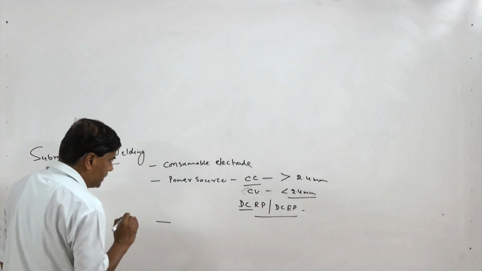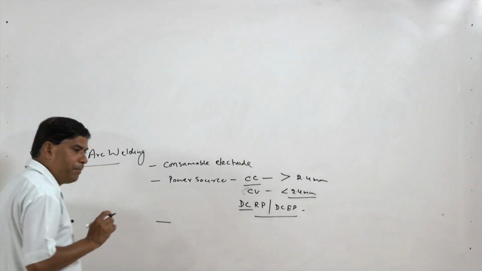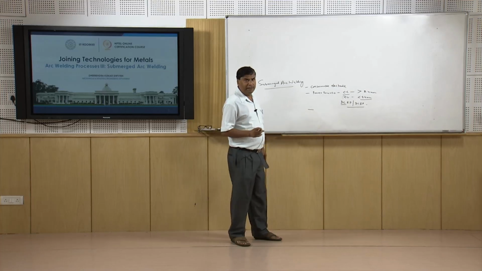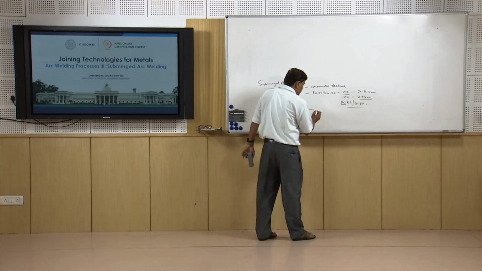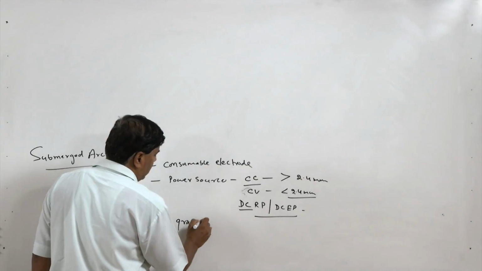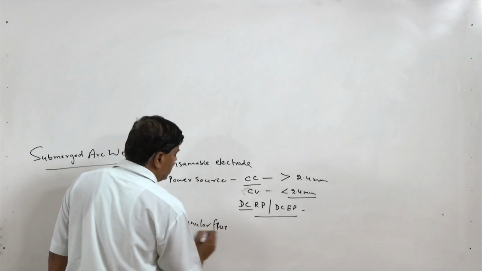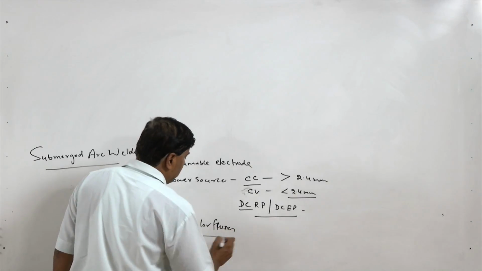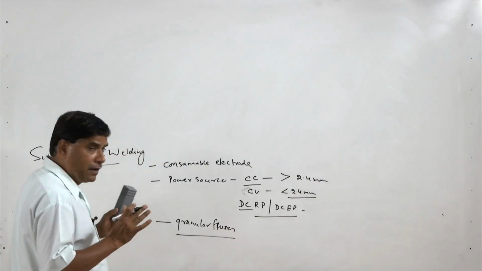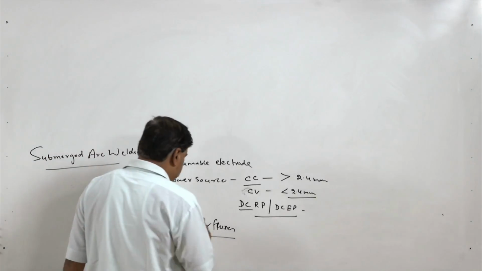In addition to this, it uses the unique kind of the way to protect the weld pool from the atmospheric contamination, that is the granular fluxes. Granular fluxes are used. So, these fluxes basically cover around the pool or around the welding arc.